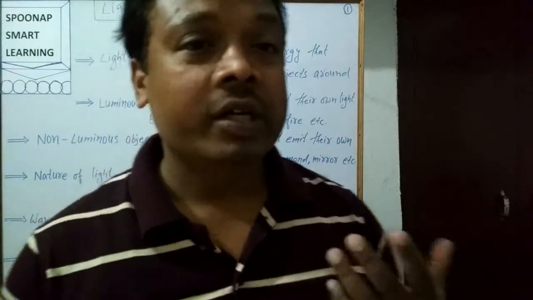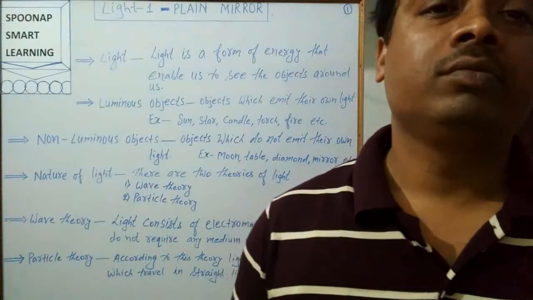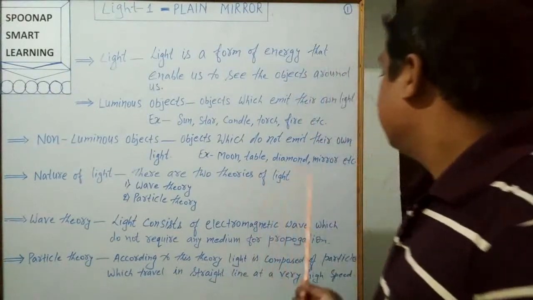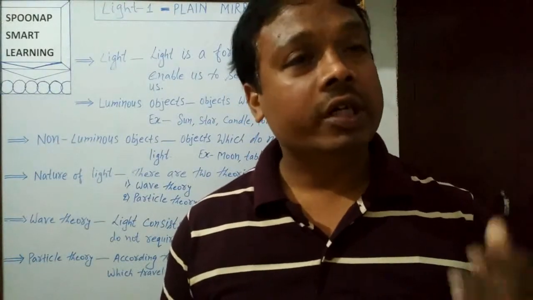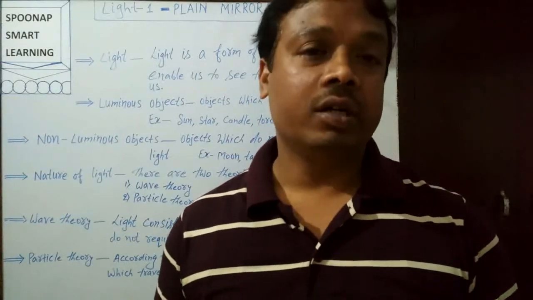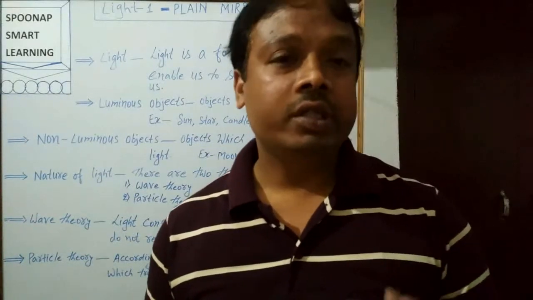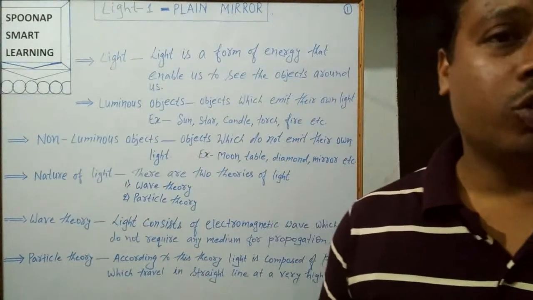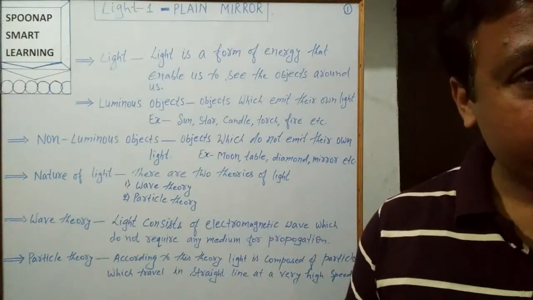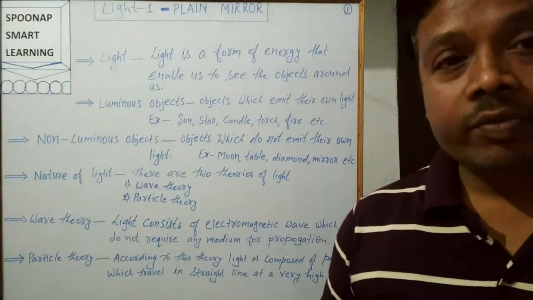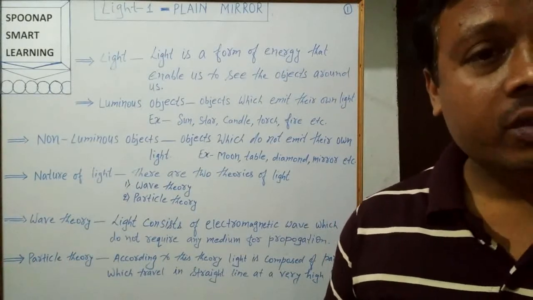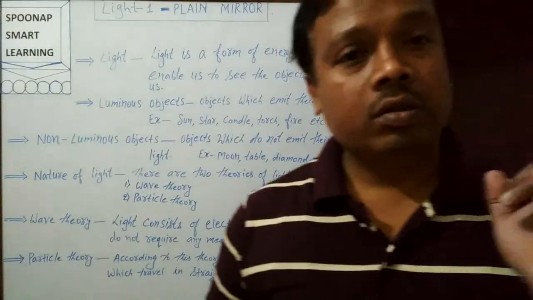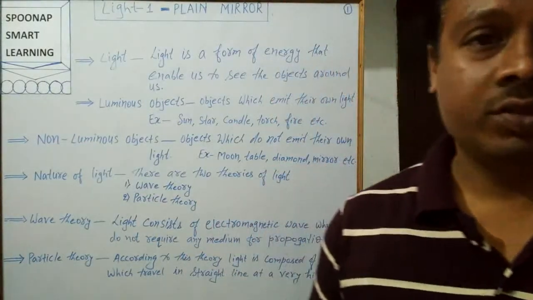So, a diamond shines. Mirror too does not have light of its own. It simply reflects the light. So these are called non-luminous objects. So luminous means light emitting or light giving objects. Non-luminous means non-light emitting objects. Clear?